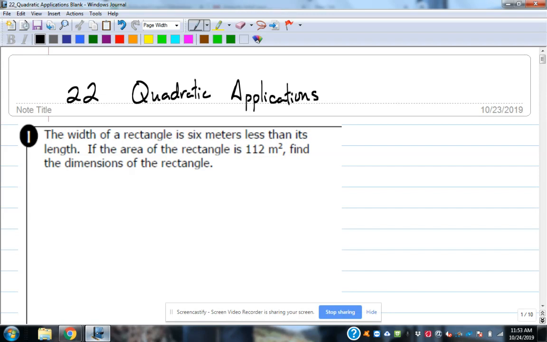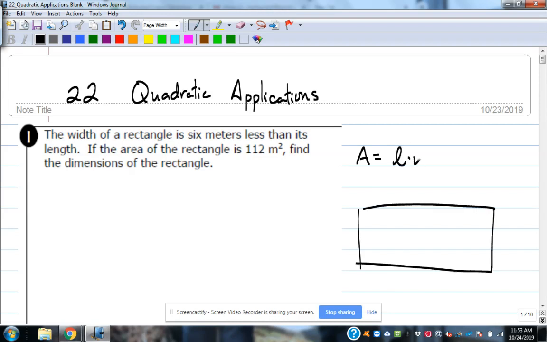All right. First thing, a very easy formula for the area of a rectangle. How do you find the area of a rectangle? Length times width. Absolutely, it's that simple. And it tells us that the width of the rectangle is 6 meters less than the length. We don't know what the length is, but we know the width is 6 meters less than that. What would that expression be?